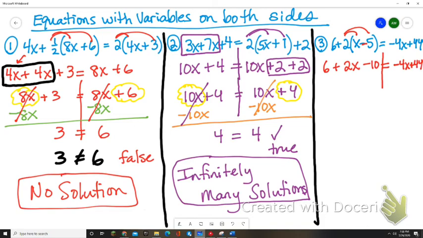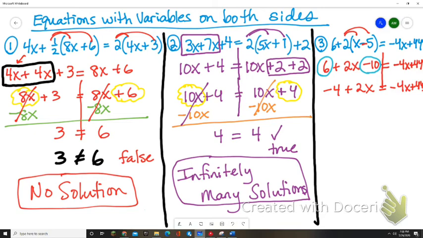So I'm going to see if I can combine any like terms. And it just so happens that this 10 is negative and this 6 is positive, and neither one of those have a variable. So I can do 6 minus 10, which does give me -4, and the plus 2x stays. I could have also written that side as 2x minus 4. As long as the signs in front of the number are the same, you can rearrange them. And that equals -4x plus 44.